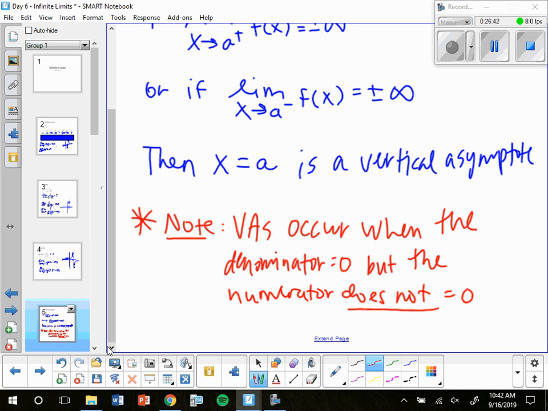Yes, go ahead with your question. Is there ever a case where only one side is approaching infinity and the other side is not? A piecewise function, maybe. Yeah. So they're two different pieces, but for a regular function with one rule, I cannot think of a time where that would happen.